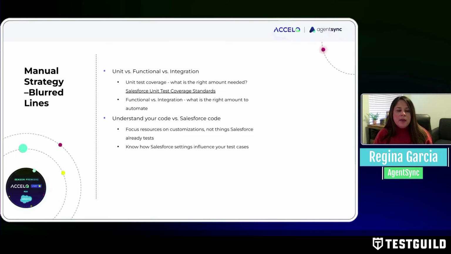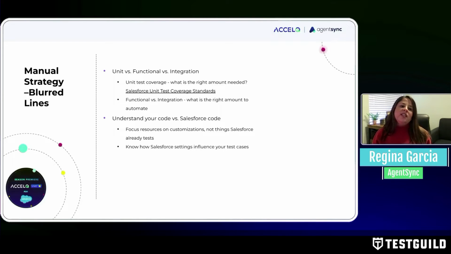And then understanding your code versus the Salesforce code. Focusing on resources that are customizations and not things that Salesforce already tests, meaning Salesforce is going to test their functionality, their application. We're going to test our application.